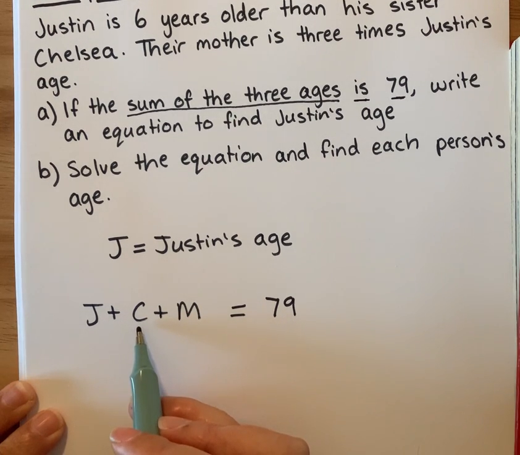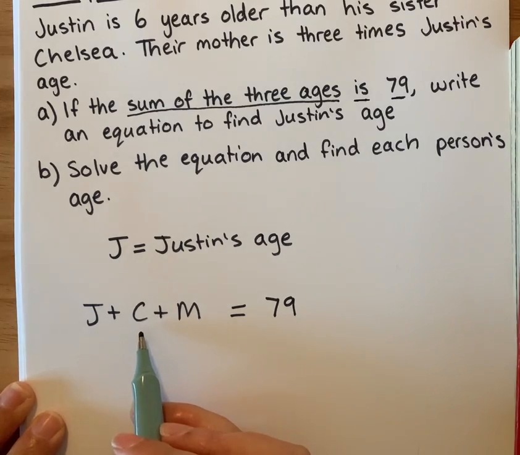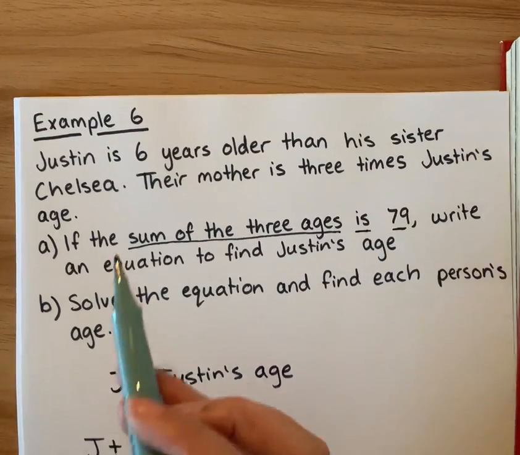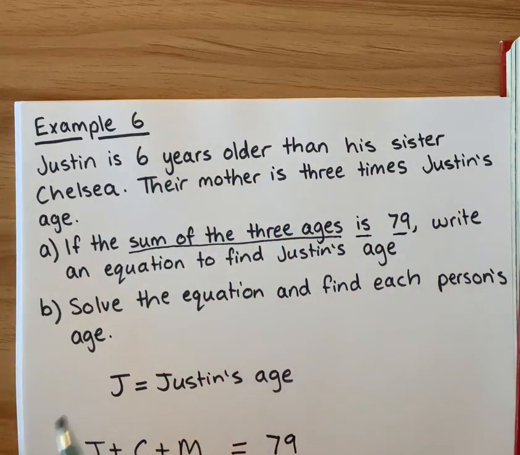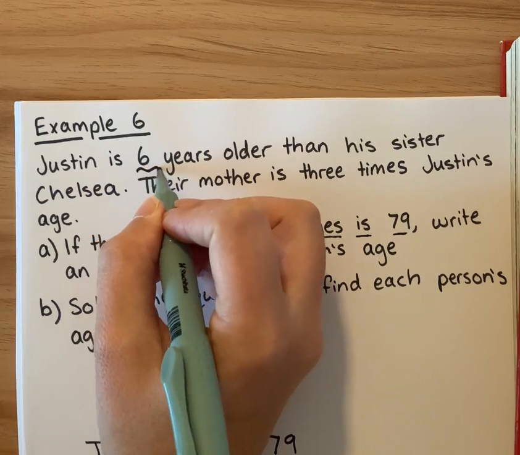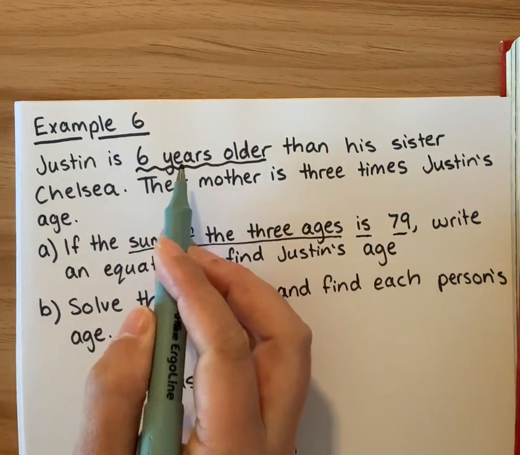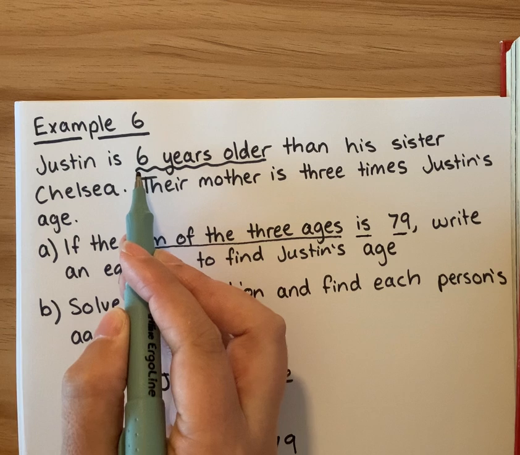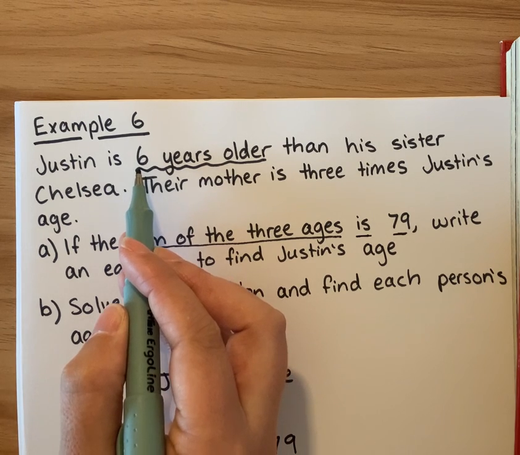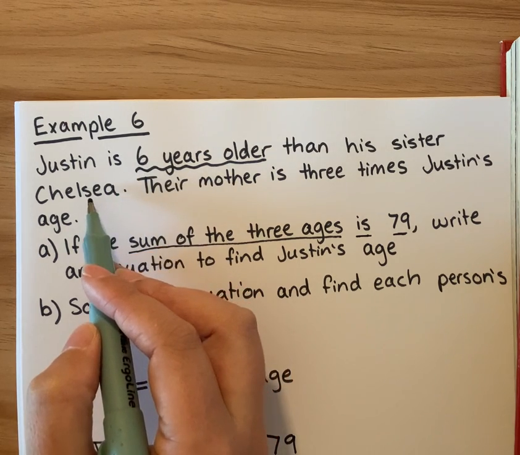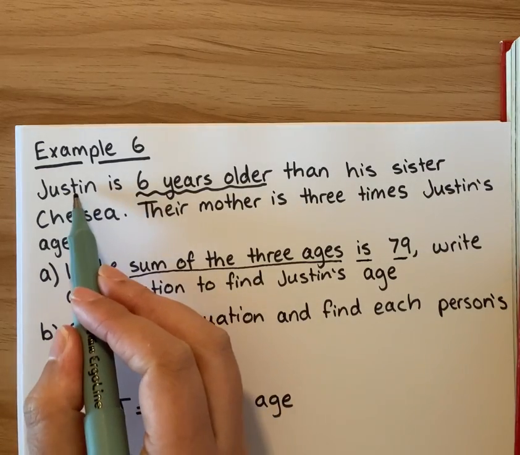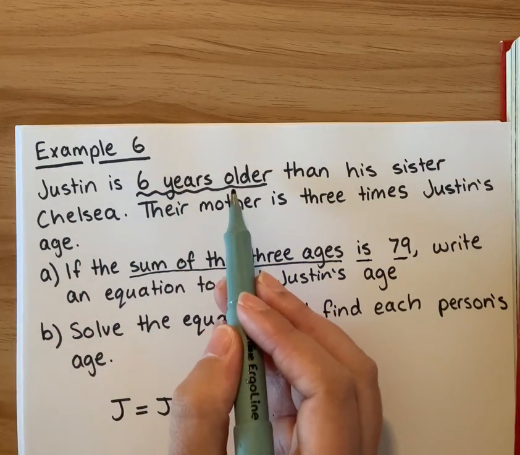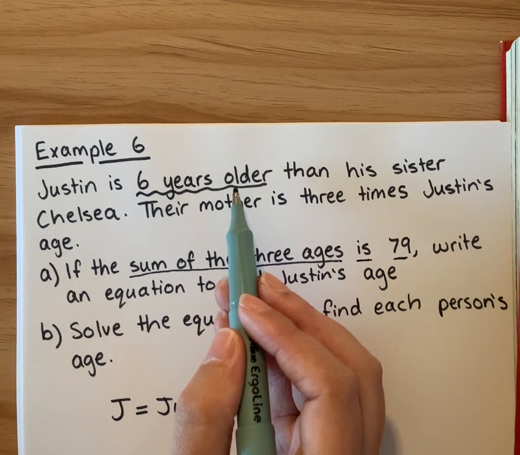So C is Chelsea's age. What information do we have about Chelsea's age? We know that Justin is 6 years older than his sister Chelsea, okay? So Justin's age is going to be Chelsea's age plus 6. Because he's 6 years older. But Chelsea's age then, because remember we're trying to represent Chelsea's age here, is going to be Justin's age minus 6 because she's 6 years younger than Justin.